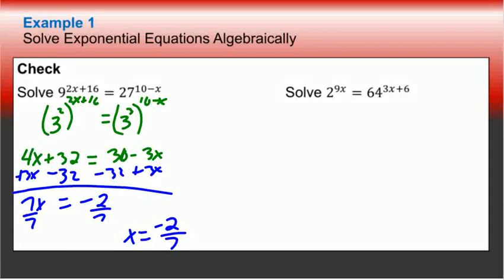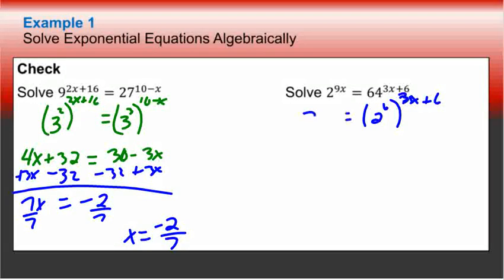Next one, we need to keep common bases. So the common base would be 2. 2 to the 6th power is 64. So I write 2 to the 6th power raised to 3x plus 6.